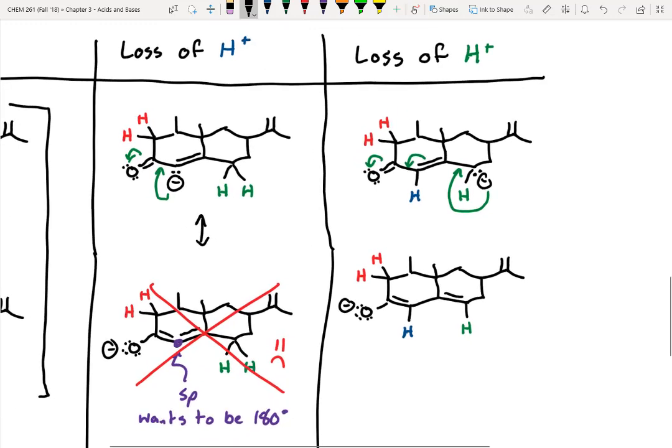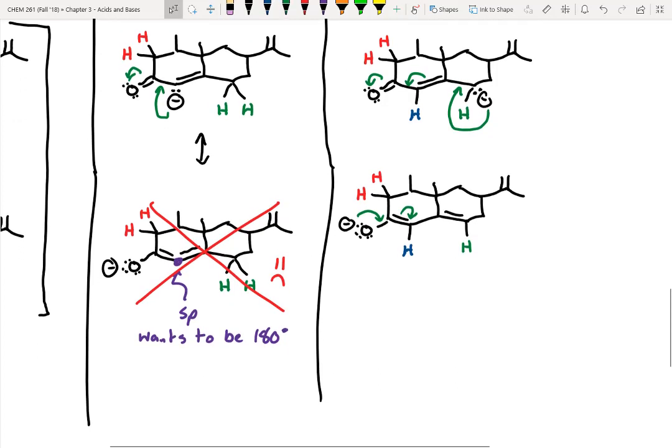All right, we can even go through intermediate structures if we want. So for example, maybe I could kick this electron back down and kick this electron onto that carbon. So we could be super thorough and show all of the possible resonance structures.